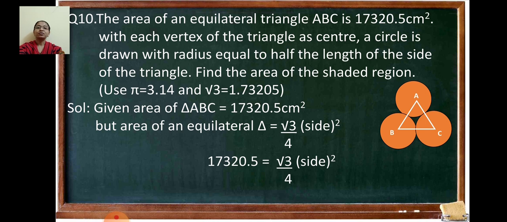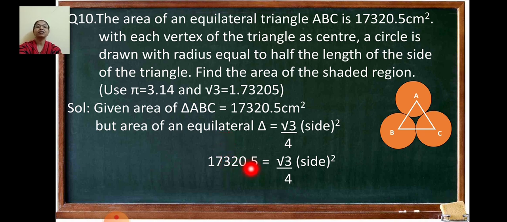Given area of triangle ABC is equal to 17,320.5 centimeter square. But we have the formula for an area of an equilateral triangle. What is the formula? Root 3 by 4 into side square. The left hand side of this expression is given. Substitute the values.